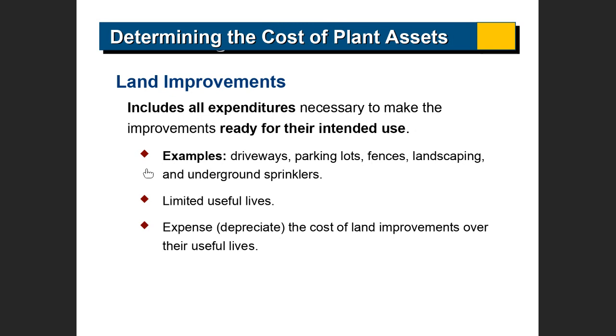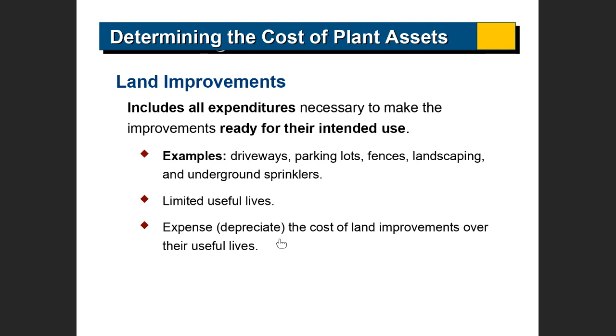So depending on how much it costs, you could possibly expense it. For example, if you put an inexpensive fence around the land to demarcate that this is your land, not full walls, you can expense that. So it's flexible.